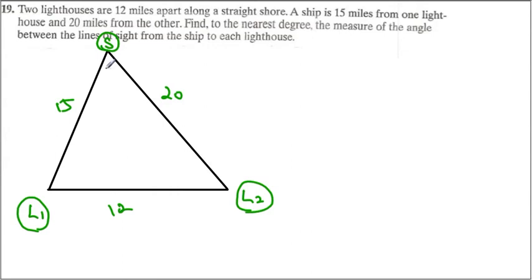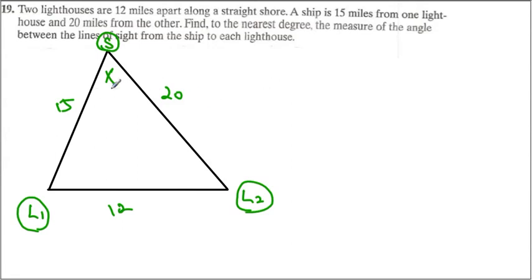So here, that's the picture that which we are looking at. And then why don't we try to figure out the angle between the lines of sight from the ship. So basically we try to figure out the measure of each angle here. Now, in this case, why don't we call this one as x first?